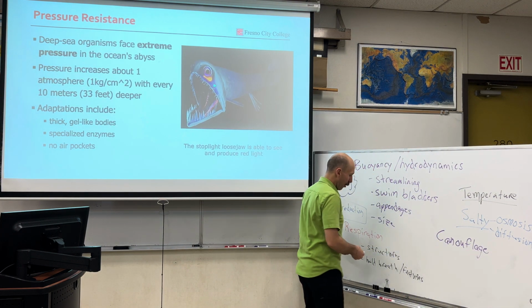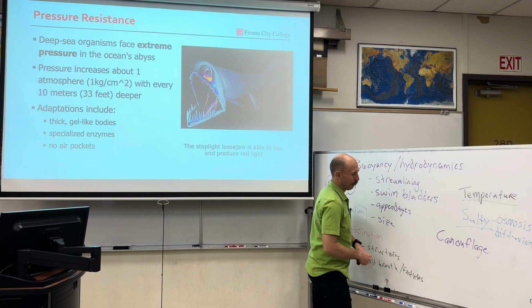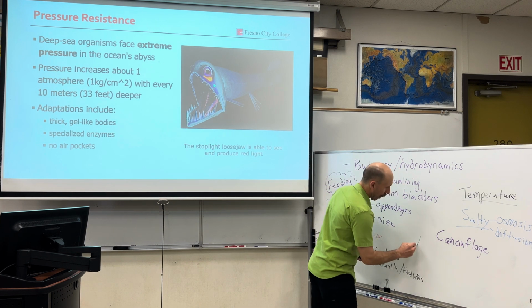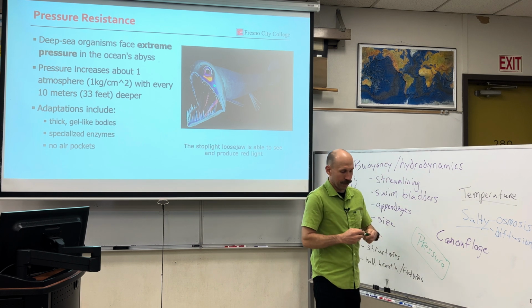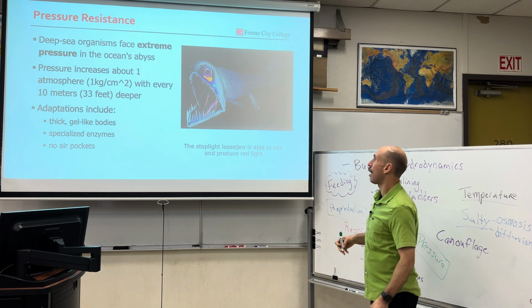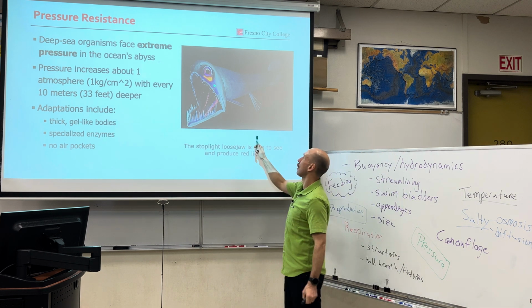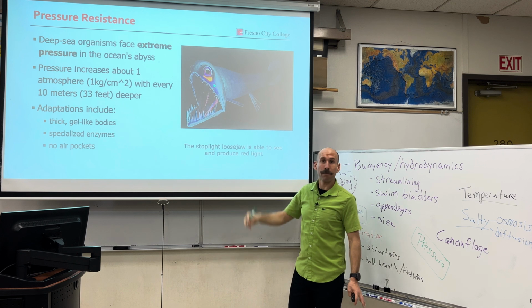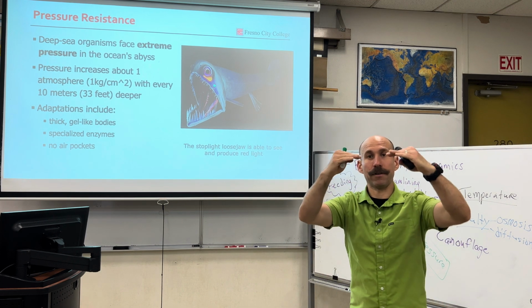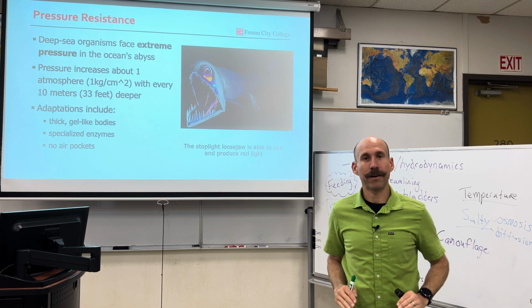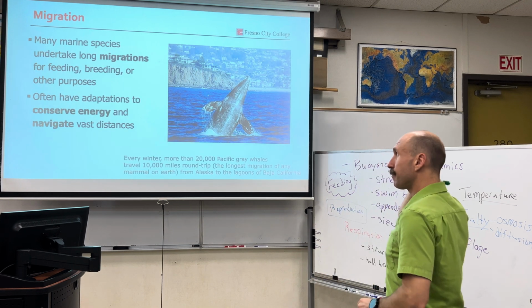The oceans are deep. They're so deep. And there's extreme pressures at depth. So body size, body shape, body type, specialized enzymes, no air pockets, different adaptations for different species at various depths in the ocean.